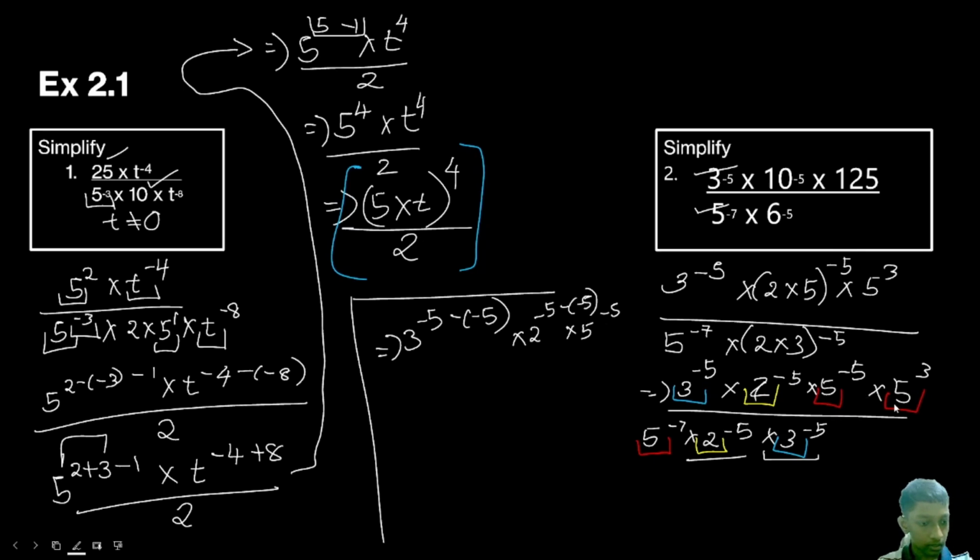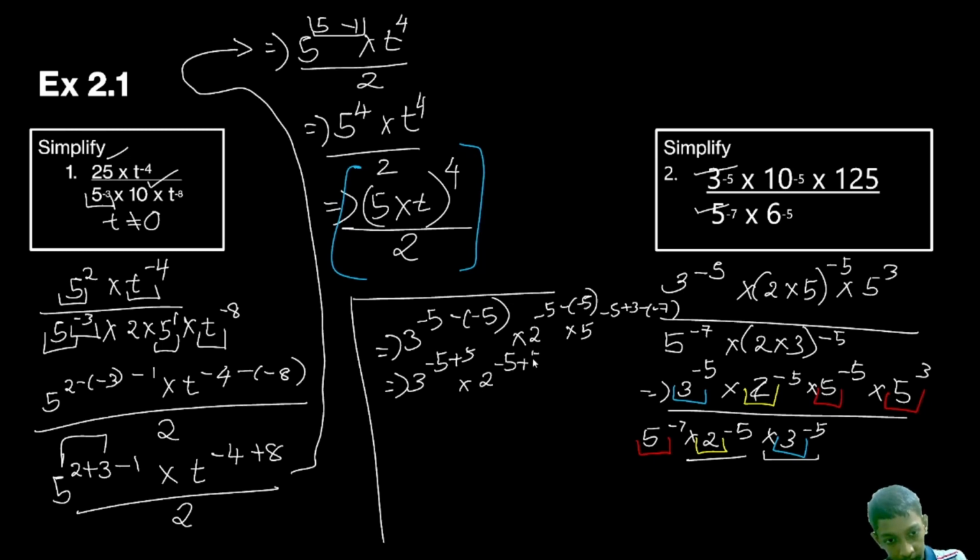Since there is another at the numerator, we have to add those exponents, plus 3, and 1 at the denominator, minus of minus 7. So this is equal to 3 raised to the power of minus 5 plus 5, into 2 raised to the power of minus 5 plus 5, into 5 raised to the power of minus 5 plus 3 and plus 7.